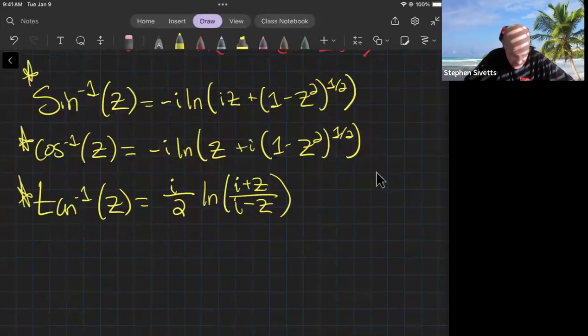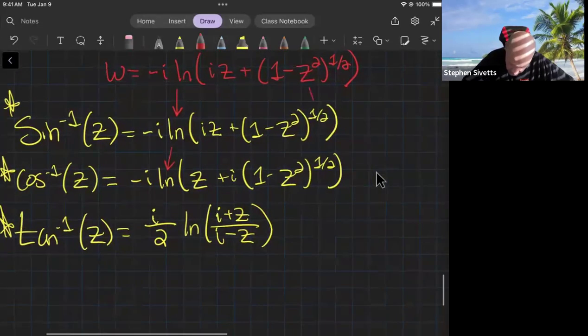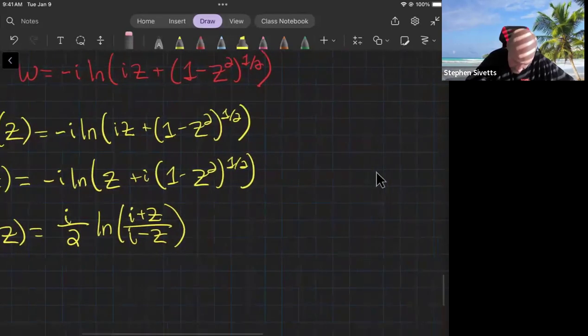Now, in order for an inverse function to exist, we need to have a well-defined function. So we need to restrict the domains for the natural log and the square root function. Usually in the textbook or your problem set, the problems indicate you want to use the principal branch for the logarithm, and they will give you some branch for the square root function. Usually it's the principal branch for the square root function.